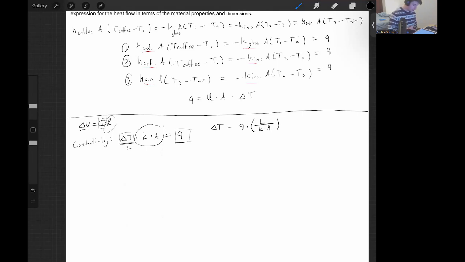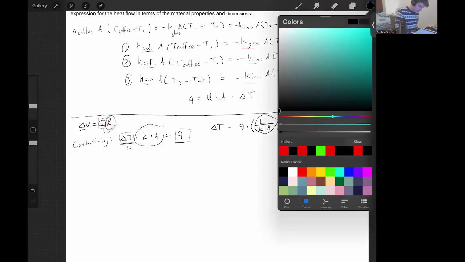So this part of the equation over here is actually our thermal resistance, in the same way that you can imagine that this is the resistance for voltage.